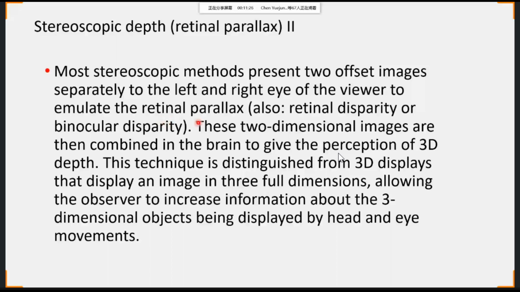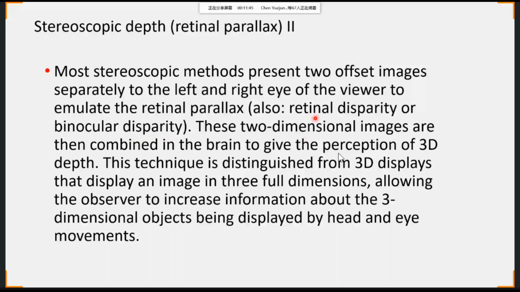And the retinal parallax means that we have a slightly different image in the left and in the right eye. This difference between them is called the parallax. Or there are other terms, the retinal disparity or binocular disparity.